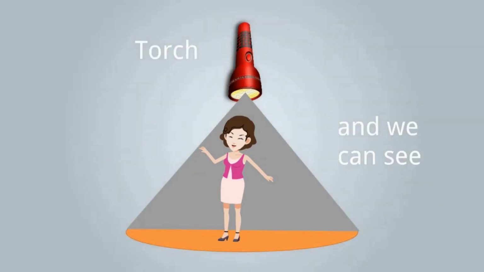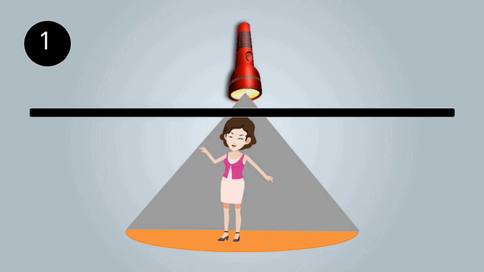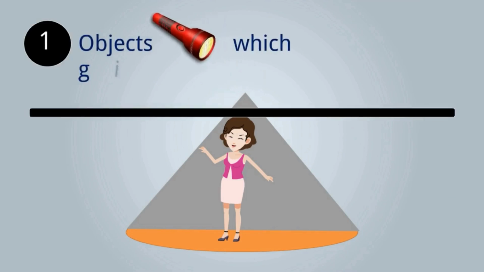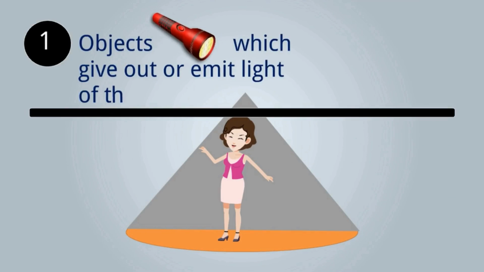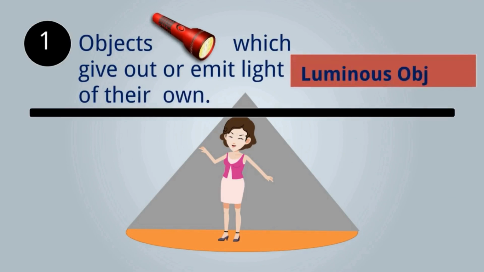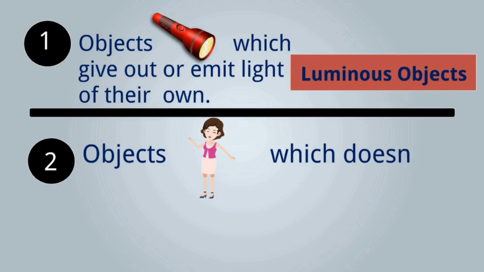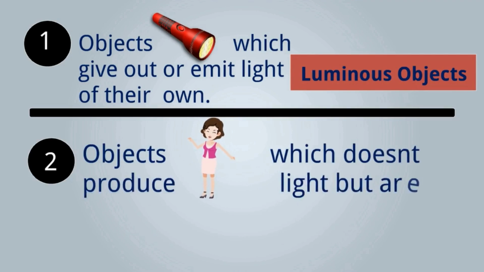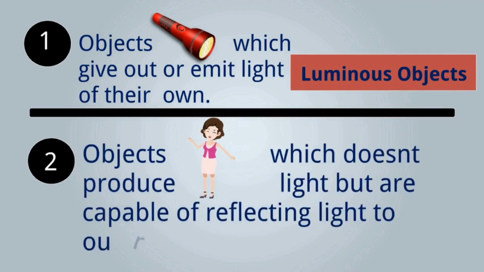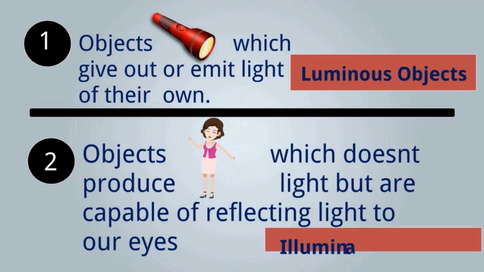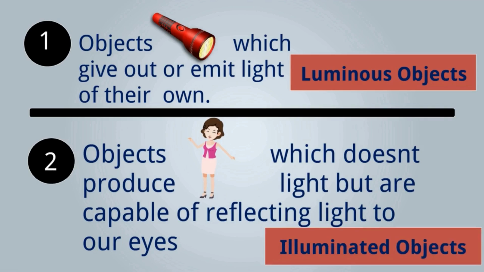Here you can see there are two distinct things. One, the objects which can give or emit light are known as luminous objects. And second, the objects which don't produce light but are capable of reflecting light to our eyes. That's the girl. It's an object. It cannot produce light but is capable of reflecting it, and it is known as an illuminated object.